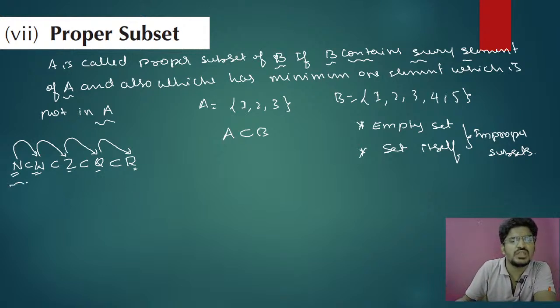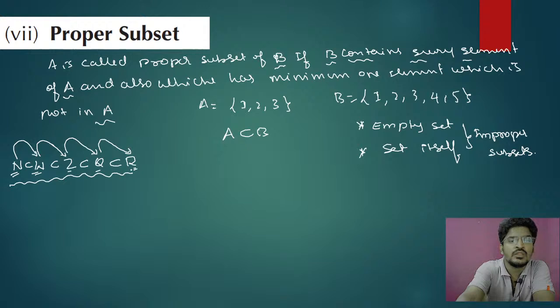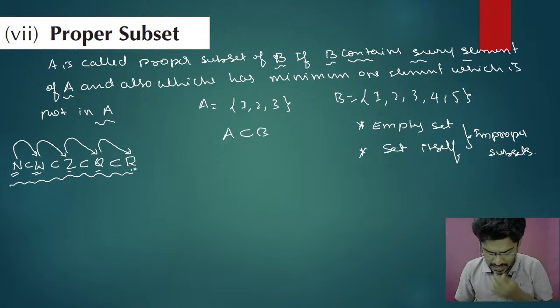I think everyone has understood this relation. So quickly tell me, all of you, have you understood or not? If you have understood this relation, then we can continue. Otherwise, I will explain it again.